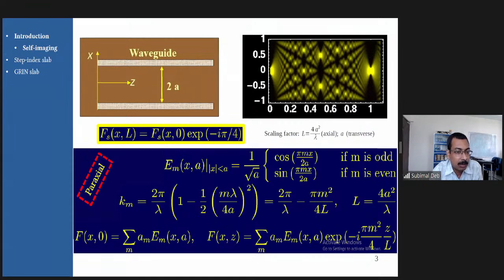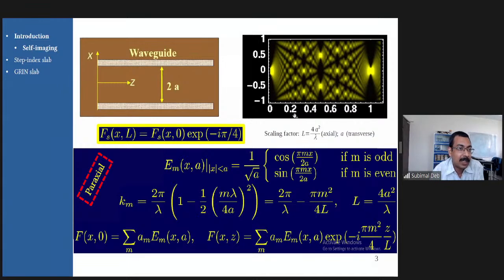I would refer to the works of Professor Michael Berry, who has a very detailed calculation of self-imaging taking place in waveguides. You would see that for an antisymmetric field, the replication takes place at a distance 2L.